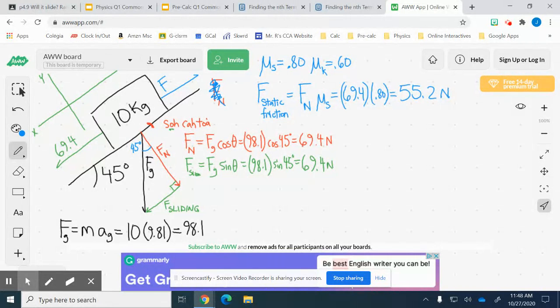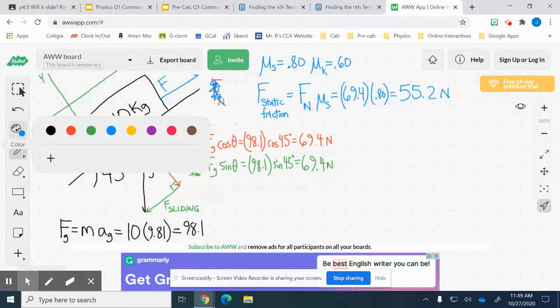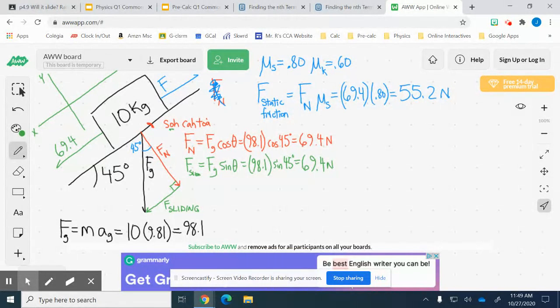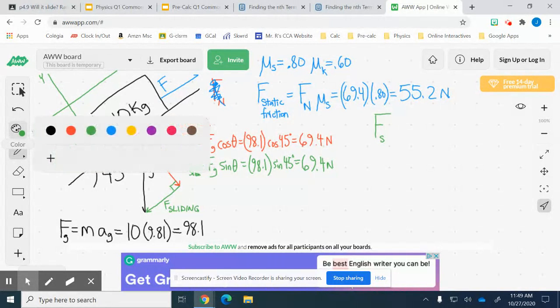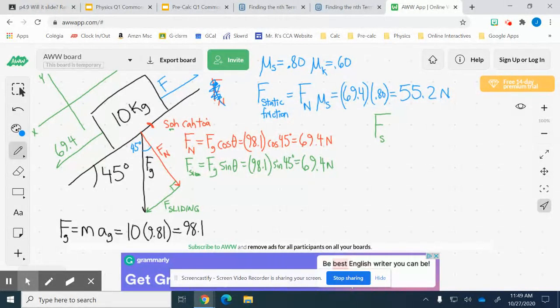So we've got a static friction force of 55.2 newtons and a sliding force trying to push it down of 69.4 newtons. So what we see here then is the force of sliding. This is what you have to compare. You have to compare the force of the sliding to the force of the static friction.